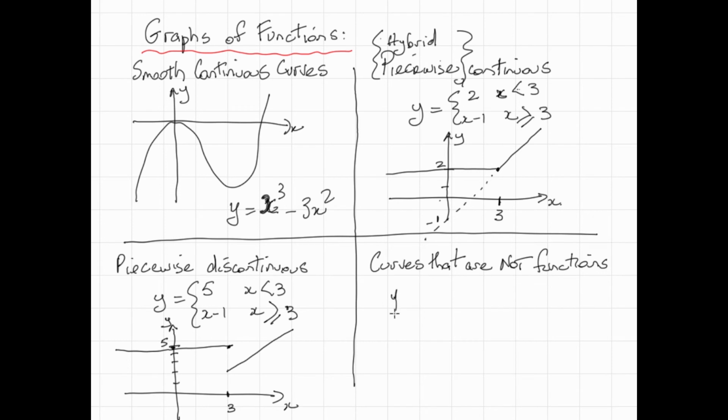If we've got y squared equals x, we've already looked at that. If we've got x squared equals y, it is just the parabola that goes like that. But y squared equals x is where it goes around the x-axis. So there's the graph of y squared equals x.